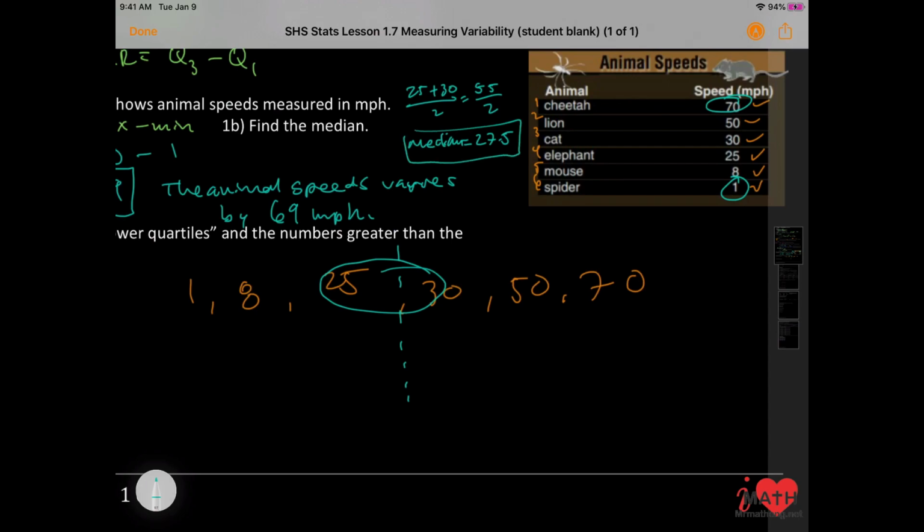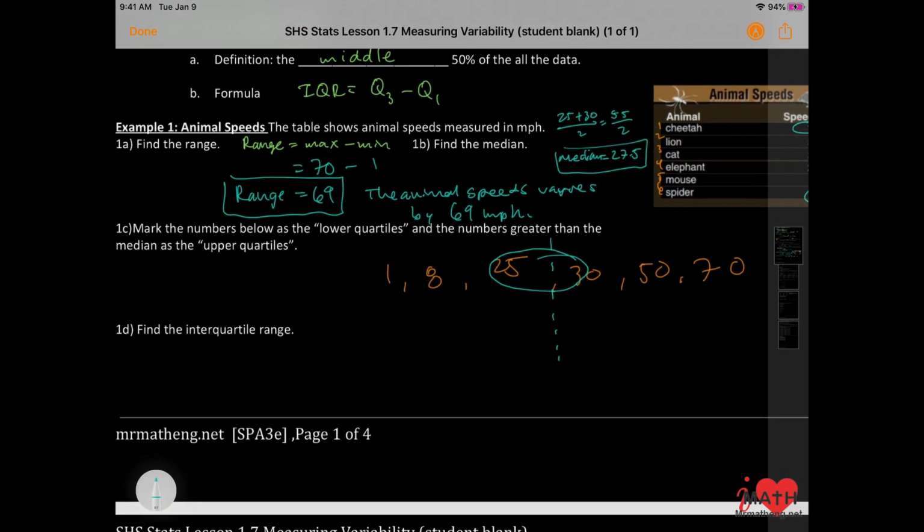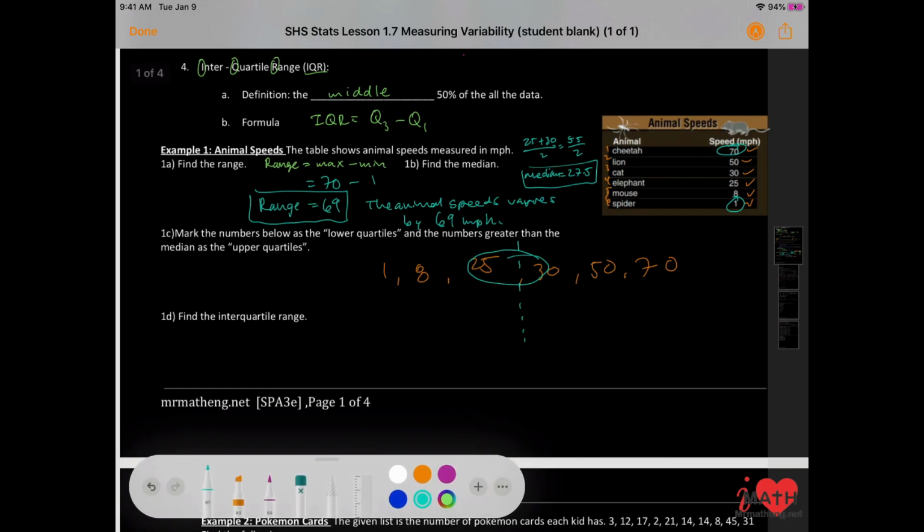Okay? Let's see if I can color code this very clearly. It's going to be super important.